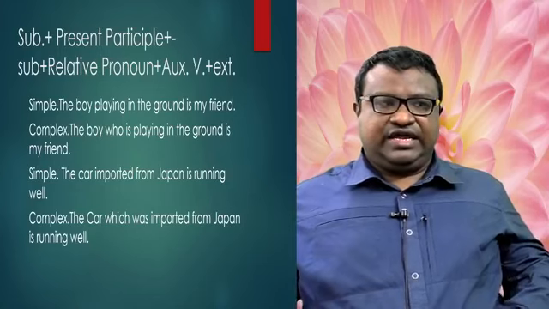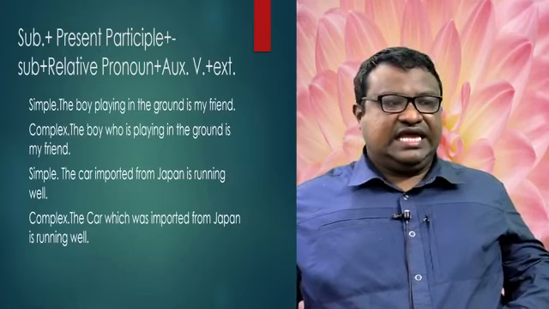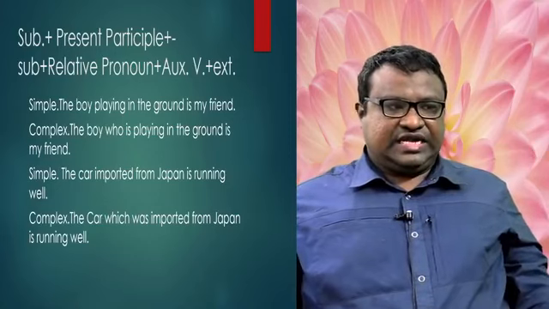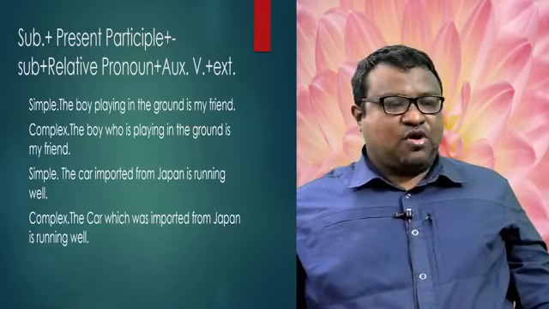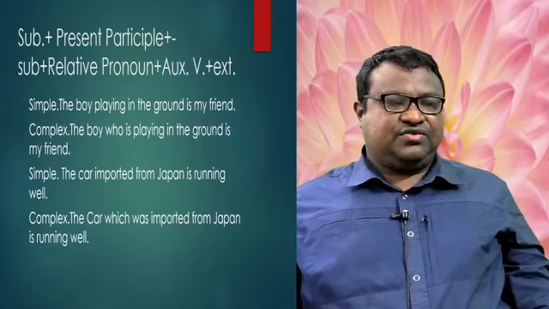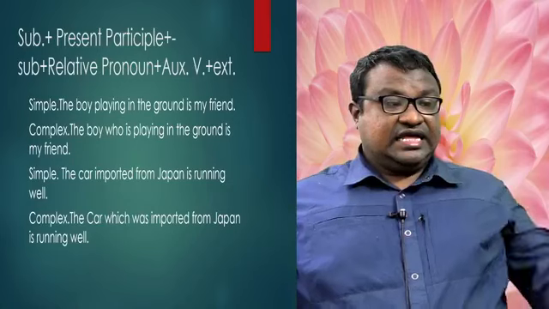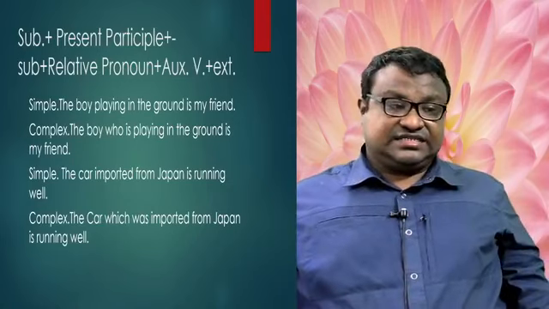What we are doing, we are just bringing the relative pronoun here. The second example is "The car imported from Japan is running well." So here we are saying: The car which was imported from Japan is running well.